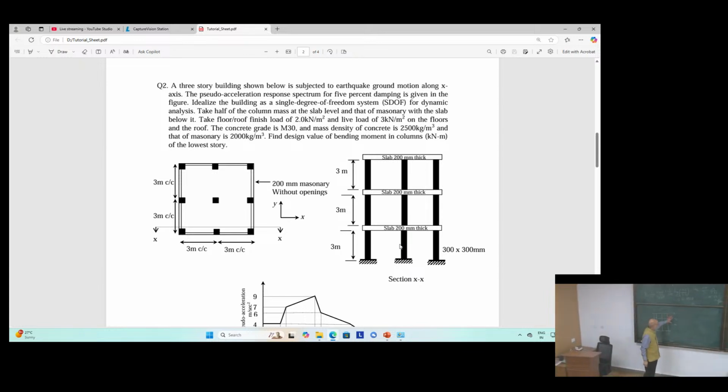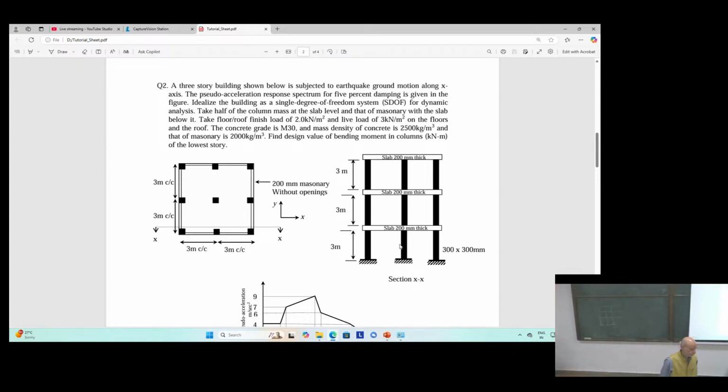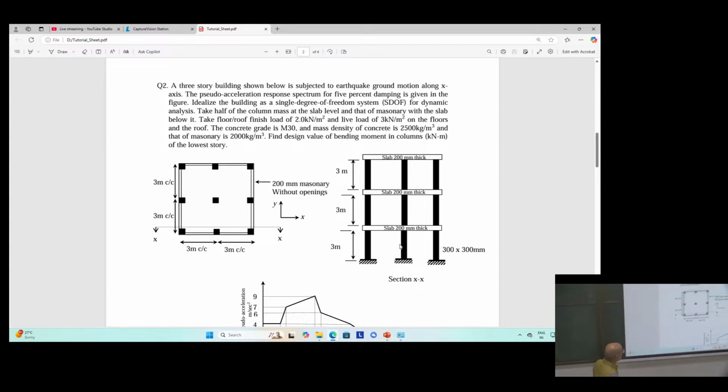So suppose these are the degrees of freedom, that means if we assemble a mass matrix and stiffness matrix, it is a 3 by 3 matrix. So I have taken this example to understand what we have been doing so far in a different way.